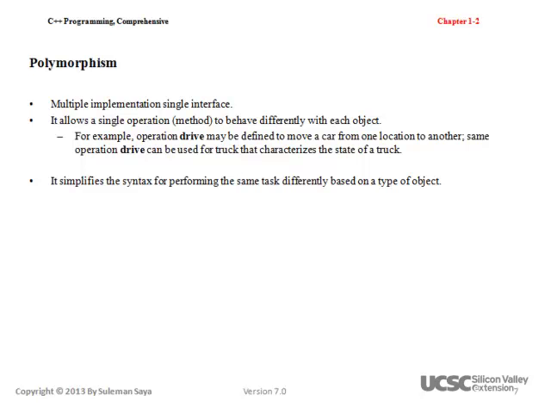Let's look at what polymorphism means. Multiple implementation, single interface. Basically what it means is that you have multiple bodies of a function, and all of those functions have the same name.